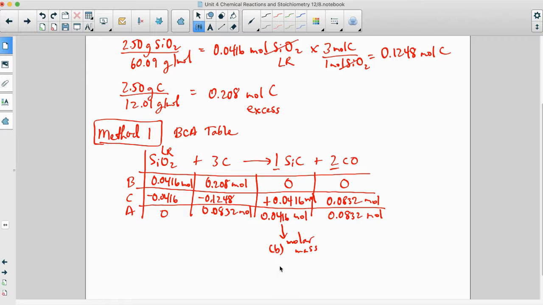Okay, so if we take 0.0416 moles of SiC times its molar mass, which is 40.1 grams per mole, I can multiply that out. And I'm getting 1.67 grams of SiC.